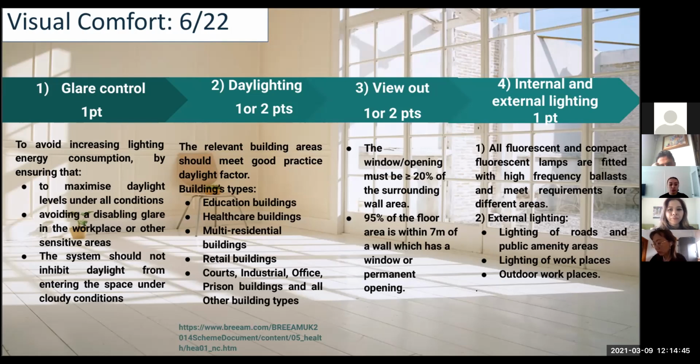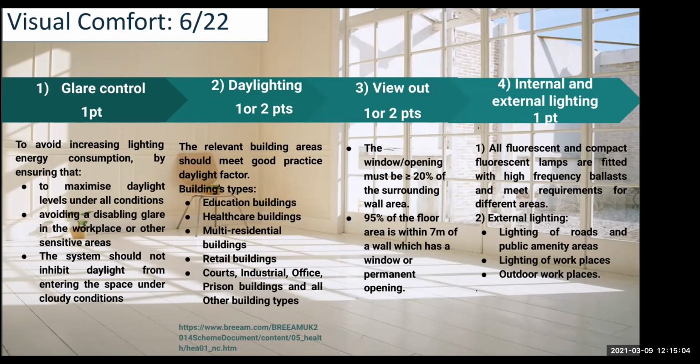under cloudy conditions. The second is daylight, which is 1 or 2 points. Here we have some tables with specific numbers of credits for different types of buildings. So here we have 5 types of buildings, and you can see that I have attached the link where you can find these tables.